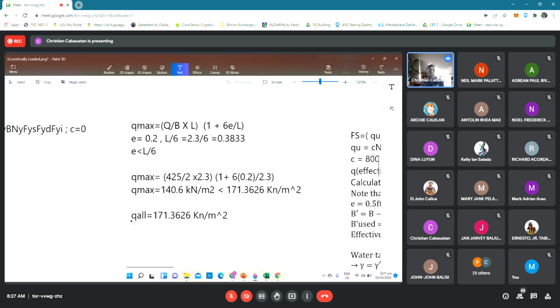Therefore, ang tendency niya, magkakaroon ng cracking, and then magkakaroon ng failure ang inyong structure or ang inyong foundation. Okay? So yun yung kanyang kadahilanan na we would consider to solve the Q maximum there to get the allowable load that would be carried by the foundation.